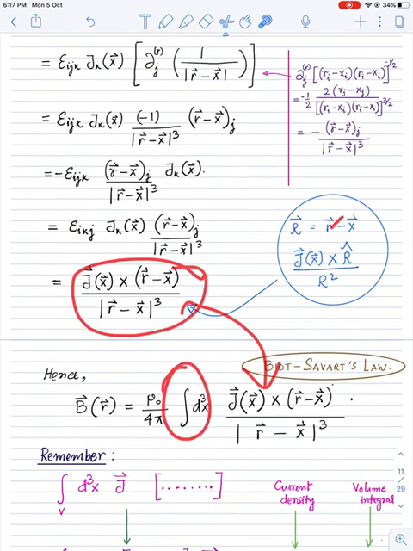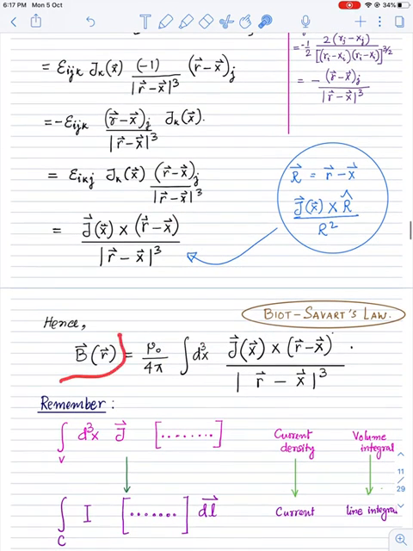So we can take this and plug it back into the integral that was there in the vector potential itself, and we can write down this formula for the magnetic field. For any localized current density, we can write down this formula for the magnetic field, and as you can now identify, this is the same form, and it is called the Biot-Savart law.